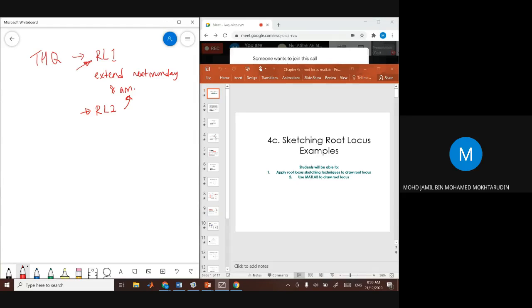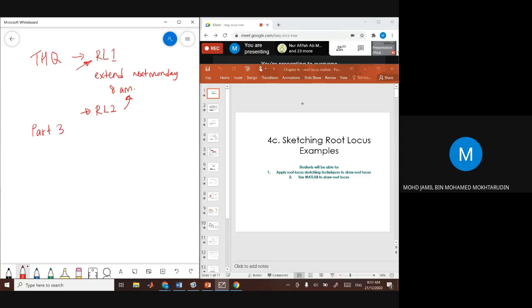Okay, so your project part 3, the due date is week 11. Now I want to give you part B. So part B will be root locus, but this time I want you to do it manually.